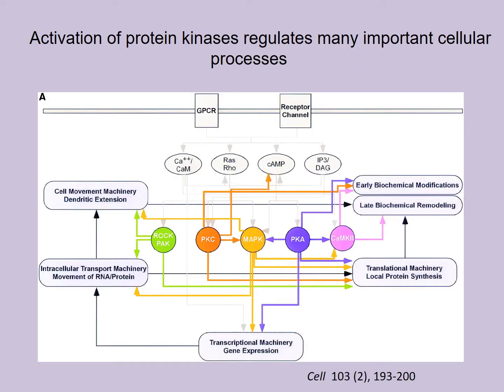Now, the reason we are talking about this is that the activation of protein kinases is really important, because it regulates many critical cellular processes. Here we have the top part that we have talked about so far. We have GPCRs, or even channels, and the production of second messengers such as calcium, cAMP, or IP3 and DAG, and also activation of small G proteins such as Ras and Rho.